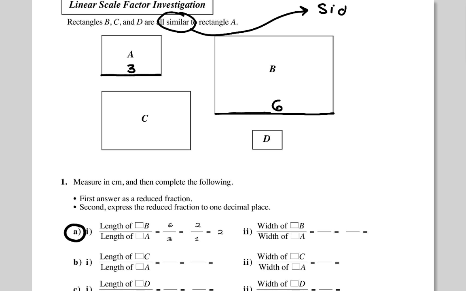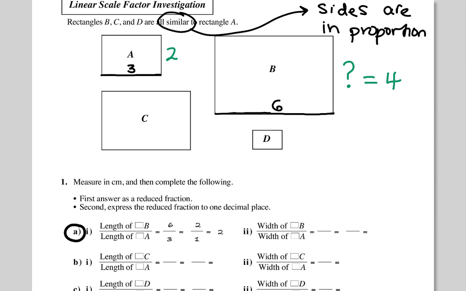Their sides are in proportion. So, therefore, if rectangle A had a width of 2, what would the rectangle have a width of here? 4. Very straightforward. Do you agree?